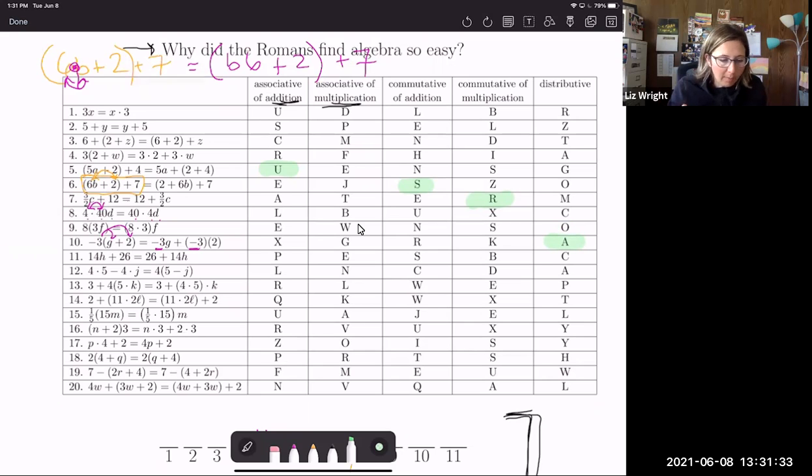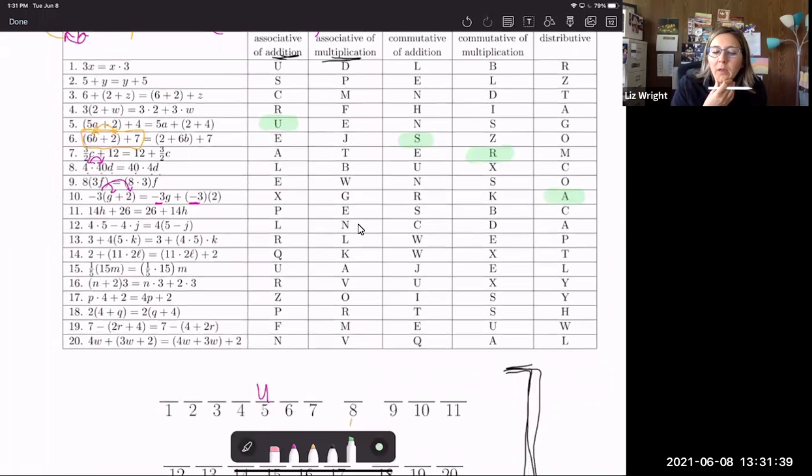Then I'm going to look at number 13 with you. Let's look at number 13. That's going to be my last one for this page. So number 13, looking from left to right, we've got 3, 4, 5k. 3, 4, 5k. Exact same order. What changed? The parentheses. So that's how you're going to show your work.